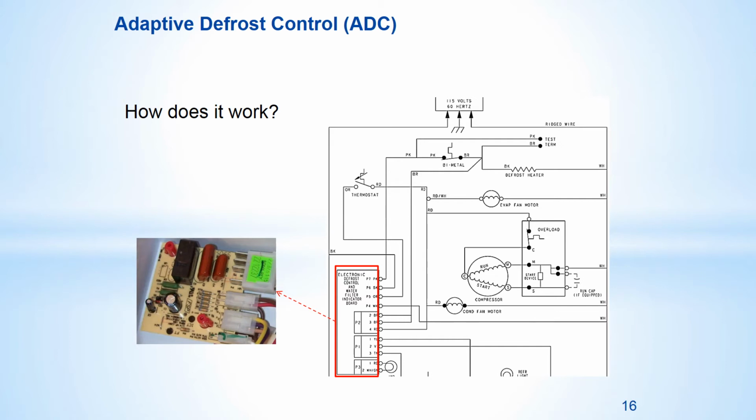Some even monitor door openings through the light circuit. Just as the defrost timer, the ADC initiates the defrost cycle and is diagnosed in the same manner as the timer using the BECT 3-step process. The test terminals that are shown on the diagram do not exist in many cases.